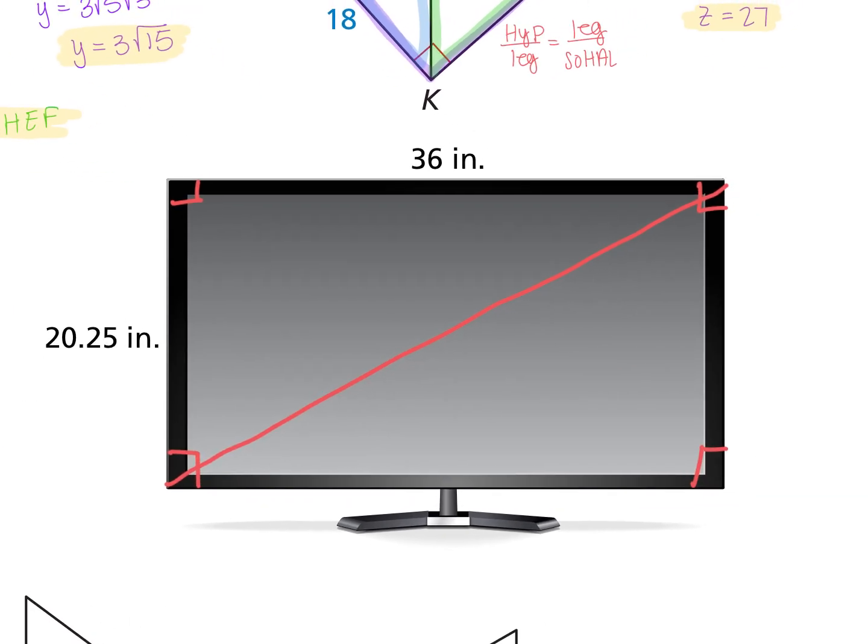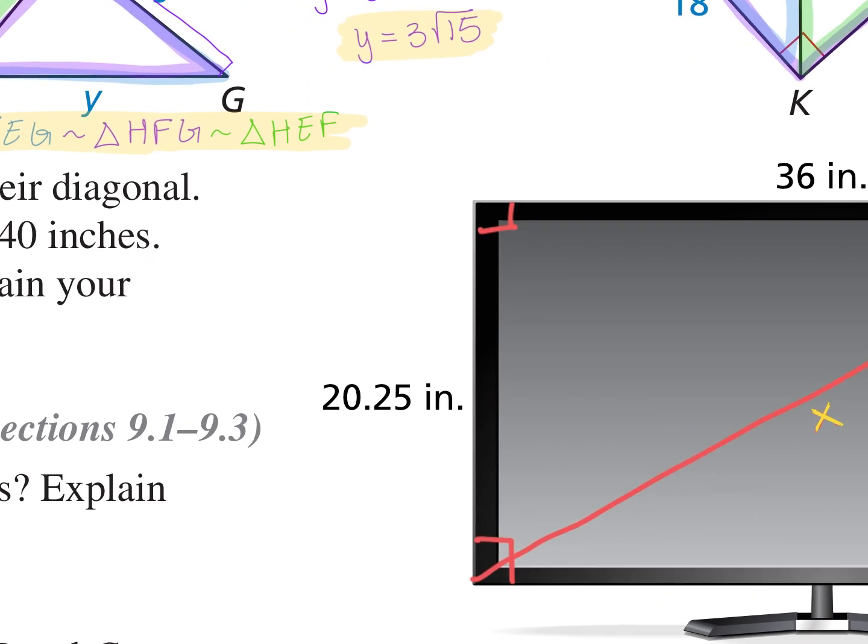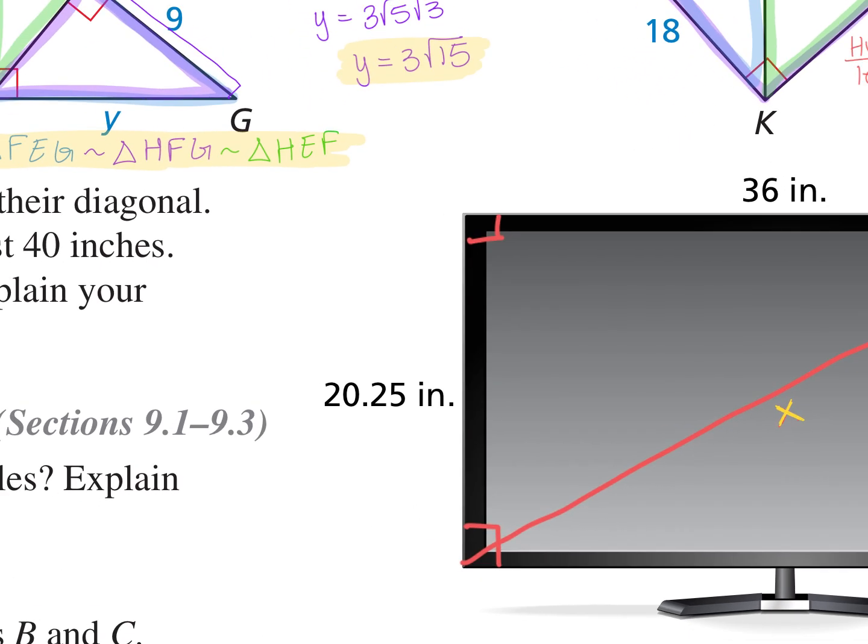Looking at this diagram, I'm trying to solve for my hypotenuse, which is my diagonal measure, which they told me is what I'm trying to find. So I'm using the Pythagorean theorem. If you did not use that, please make sure you're using that.